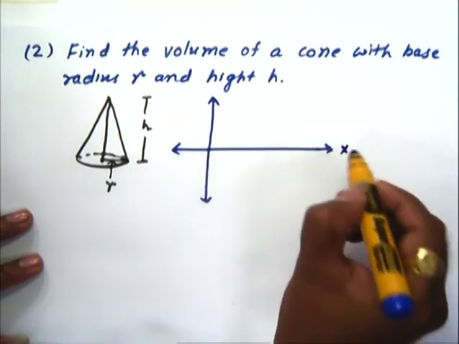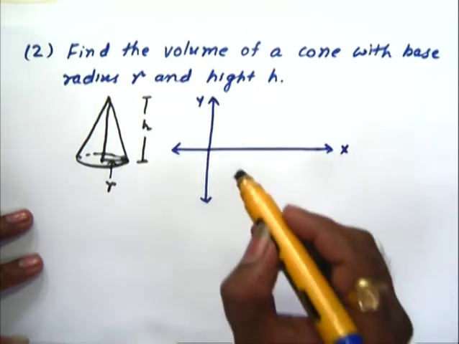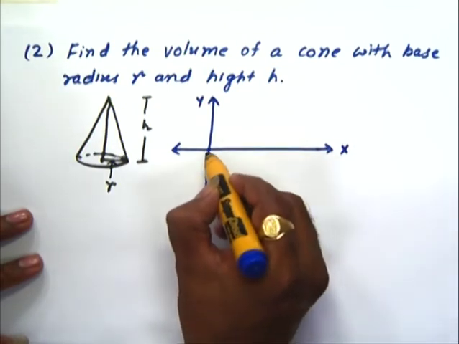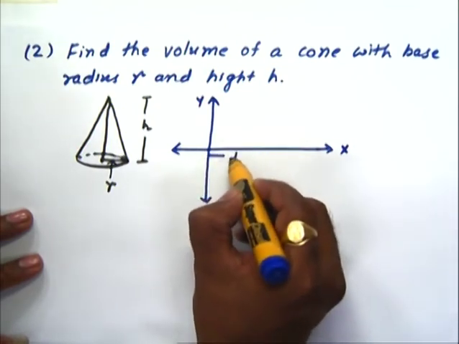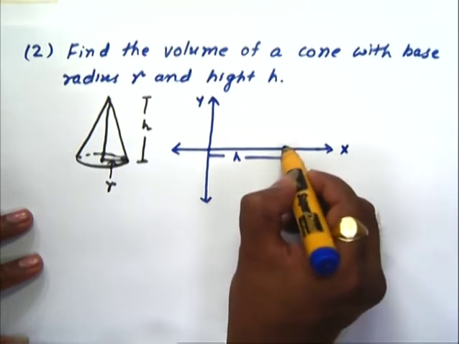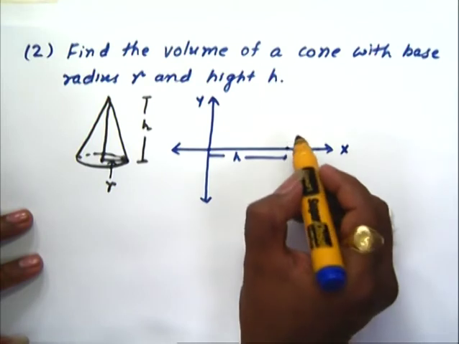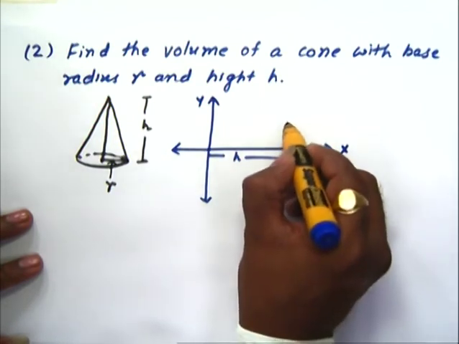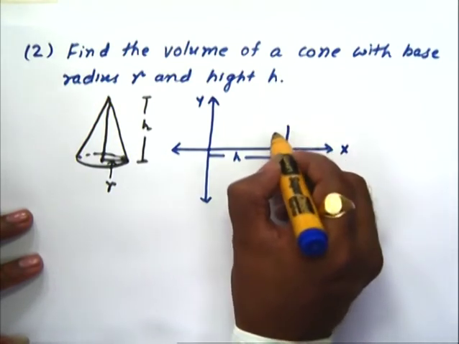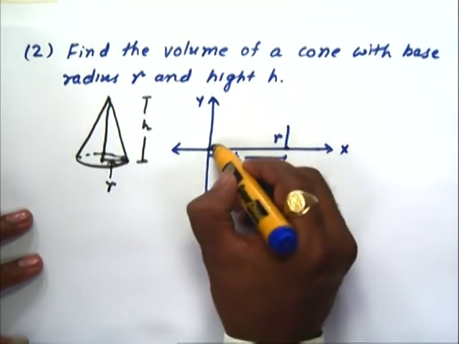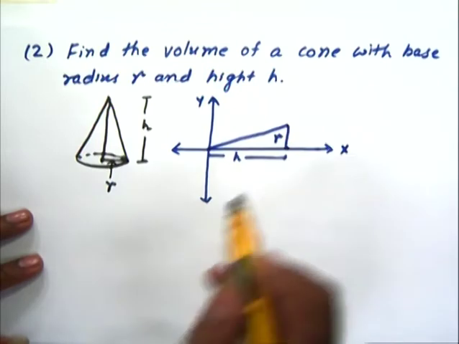This is x axis, this is y axis. Suppose this is h. Here we have a point h, x equal to h. This is radius r. Now draw a line segment joining these 2 points.